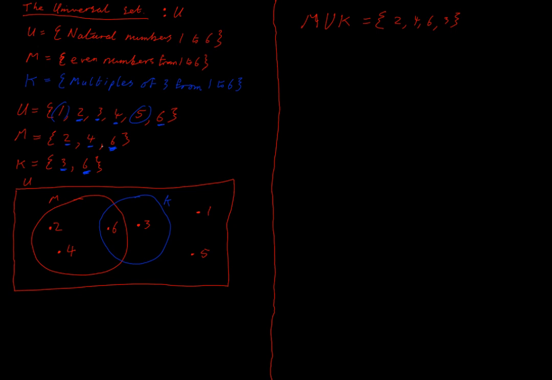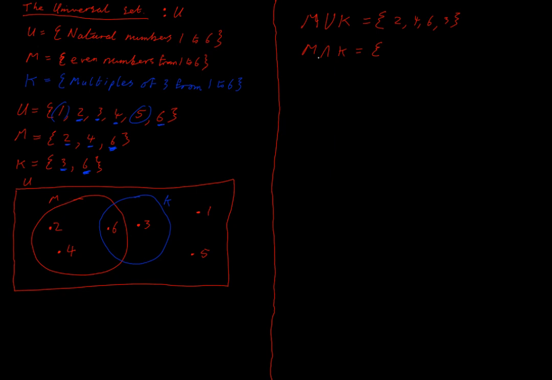Now, what's the other thing that we can look at that we've already learned? We could talk about M intersection K. Well, what's that going to be? That's going to be the elements that are in both M and K. So we must be in both M and K, inside the blue circle and inside the red circle.